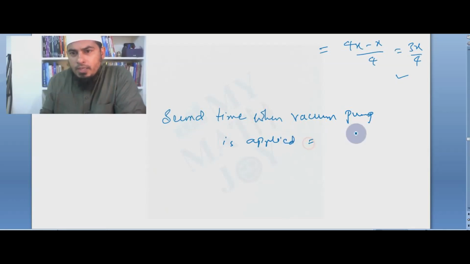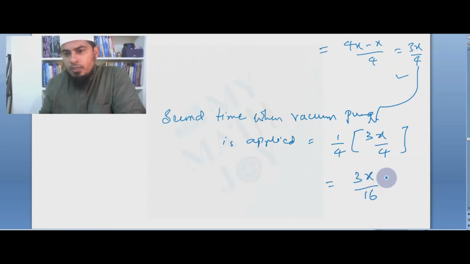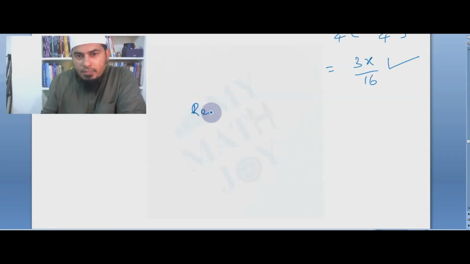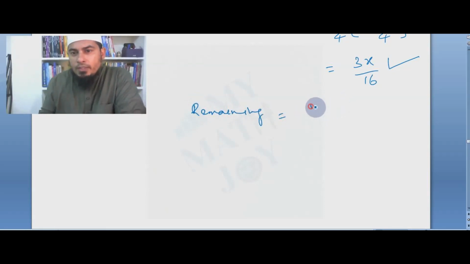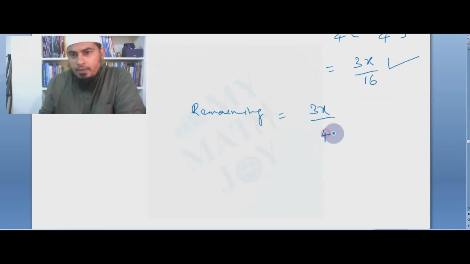What happens here? 1/4 of the remaining gas is removed, that is 3x by 4 was remaining, and 1/4 of that is removed. What will be left out? How much is removed? 3x by 16. So the remaining gas will be: already how much was there? 3x by 4 gas was there, and now we removed 3x by 16.